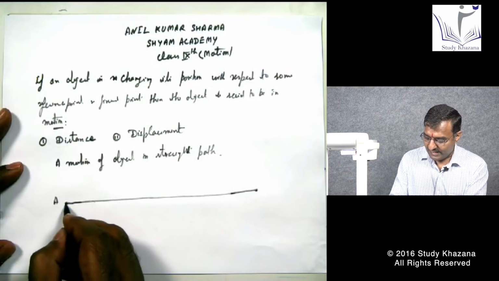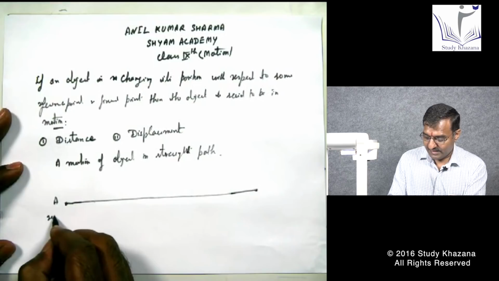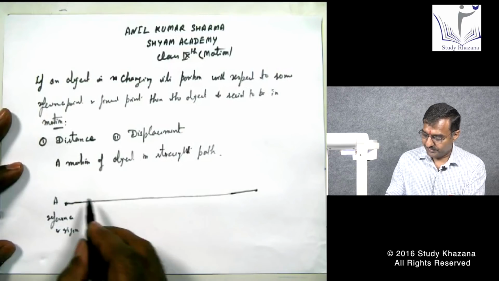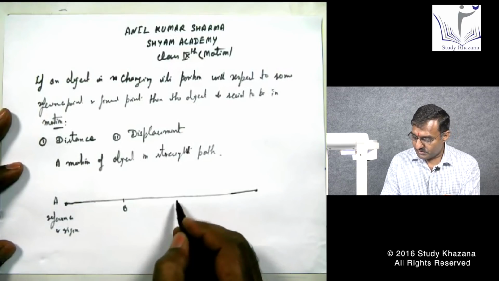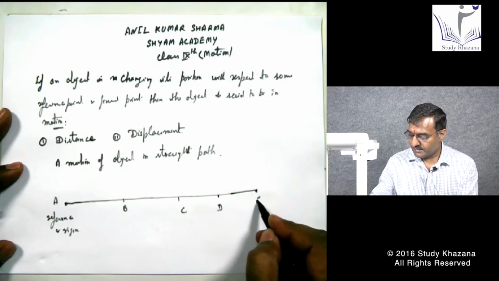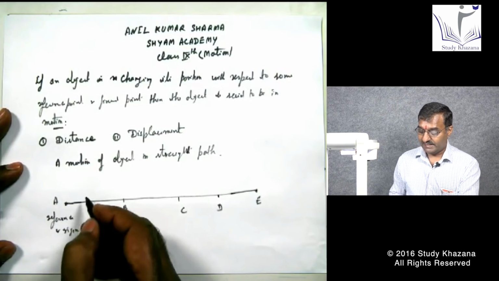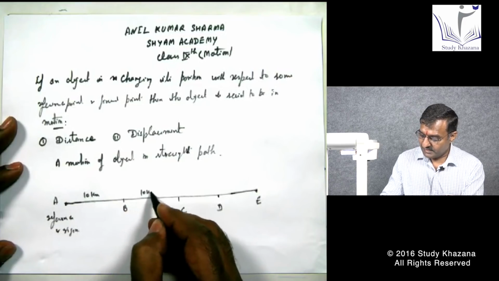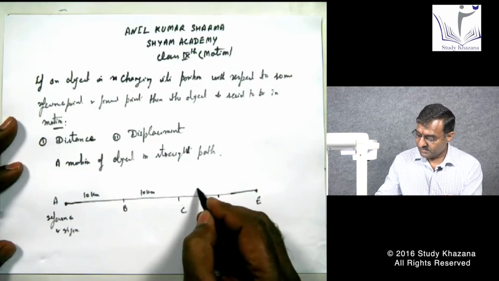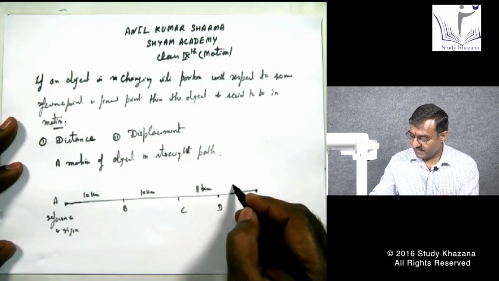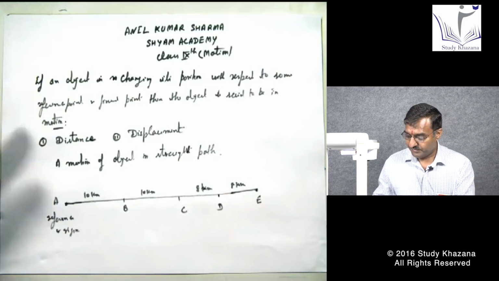Now here this A I am taking as a reference point or origin, and this A, B, C, D, and this is the end point. Now if I say this distance is say 10 kilometer, this is again 10 kilometer, and this is a little less, 8 kilometer, and this again 8 kilometer.